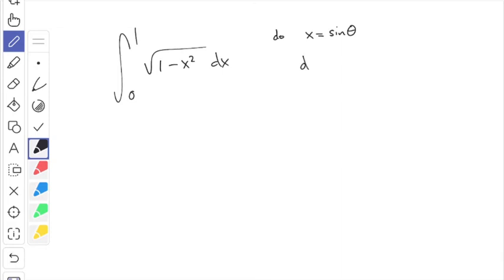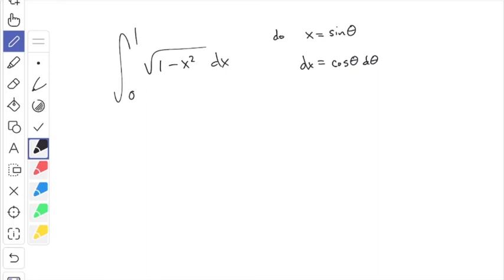Then, what is dx going to be? You just do the derivatives. Cosine theta d theta, of course. You always put these in there.